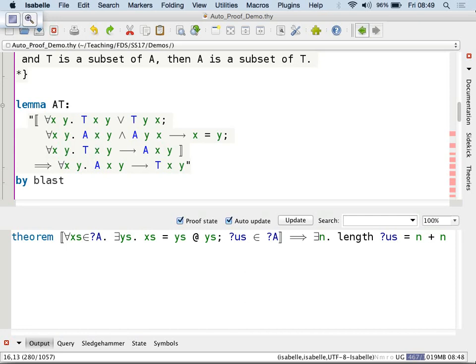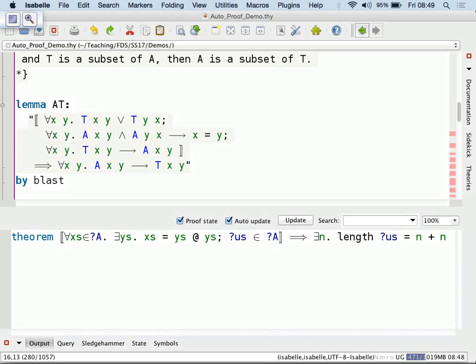The third line is that T is contained in A, except I'm not using the set theoretic containment, but writing it as an implication: if T is true for the elements x, y, then A must also be true for x, y. And the final line is the claim that then A is also a subset of T.